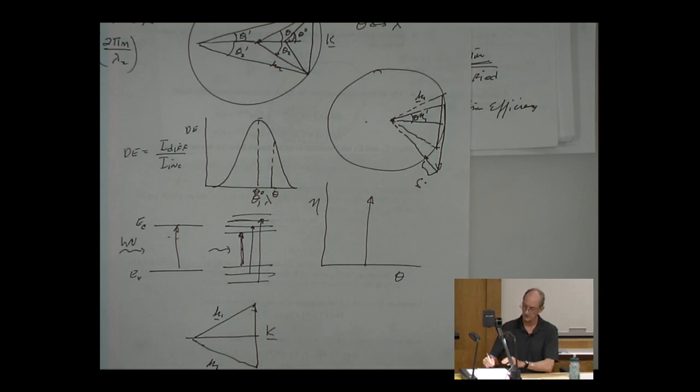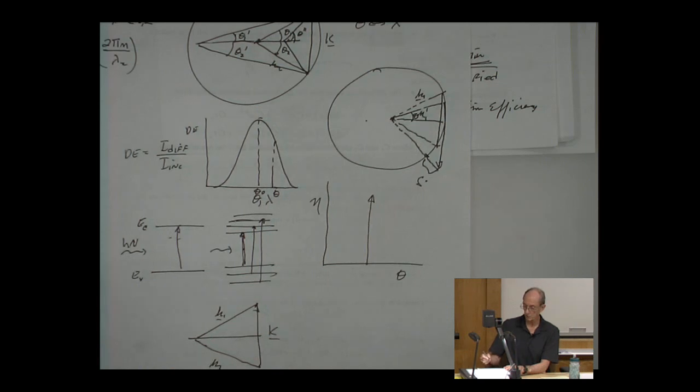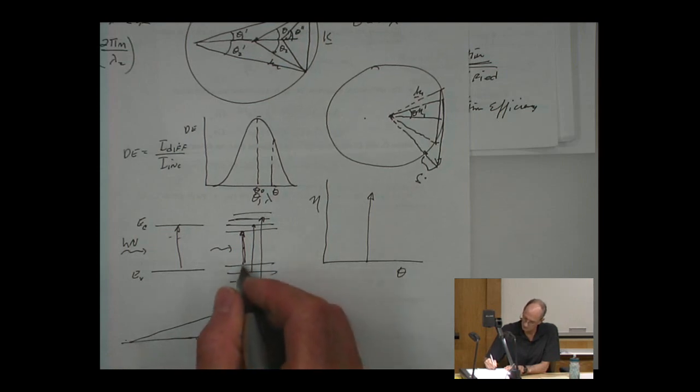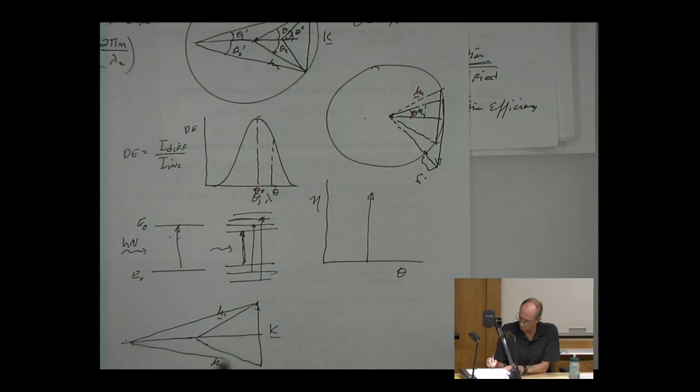That corresponds, again, to 2 pi n over lambda, some lambda value. If we had shorter wavelengths, then we would have more energy, so we would get over this band gap and have a transition occurring, and we could still get high efficiency Bragg matching.